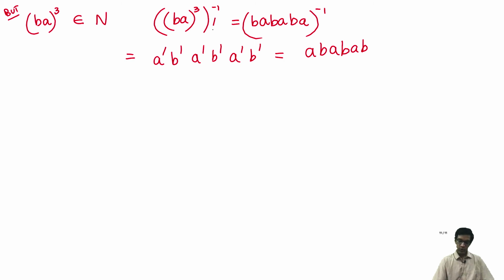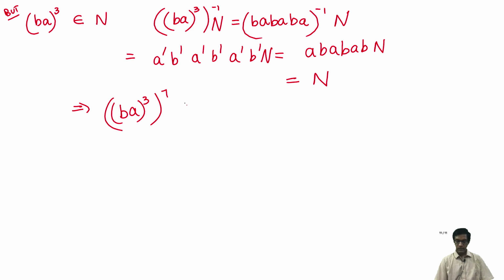So look at BA cubed N, it's the same as this, which is the same as this, but then AB whole cubed is already in N, so this is just the same as N. Okay, so what this means is that BA whole cubed inverse N is N, so of course that means that BA whole cubed inverse is in N. But then if an element is in N, N is a subgroup, of course if the inverse is in N, the original element is also in N.